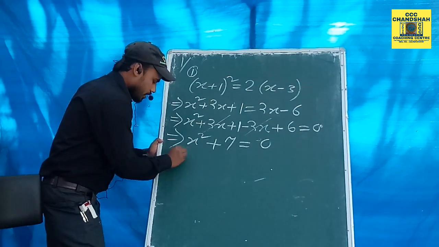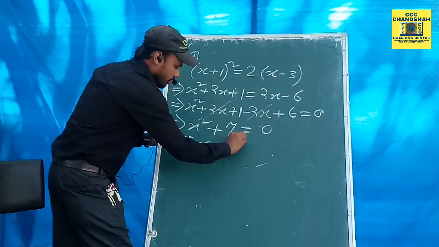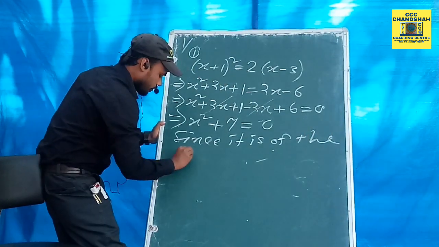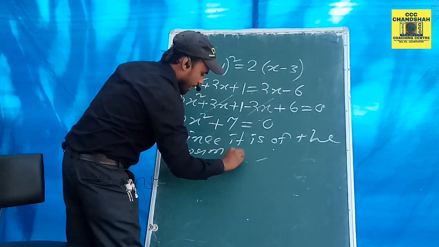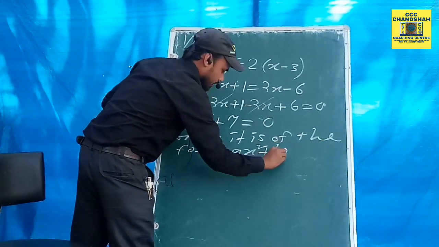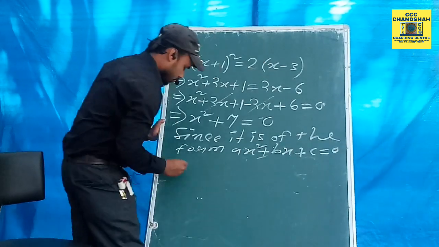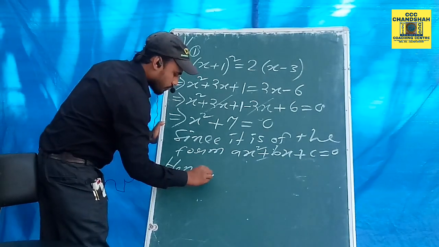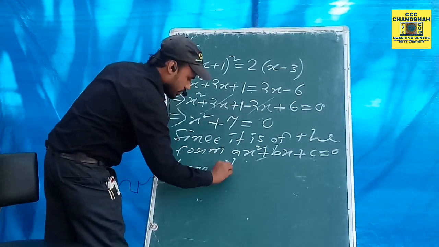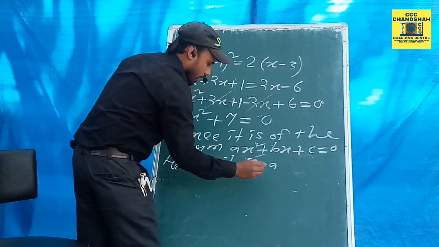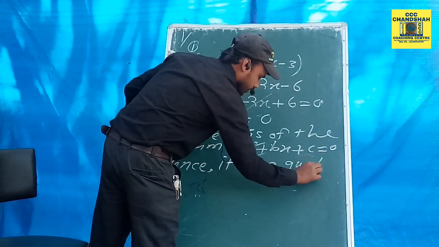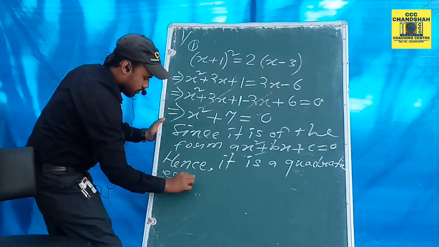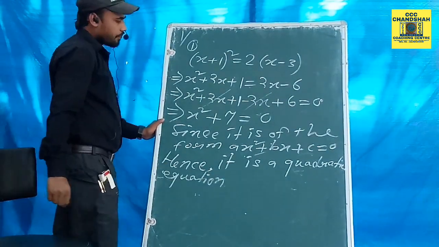Okay, now you can write, since it is of the form ax square plus bx plus c is equal to 0, hence, therefore, it is a quadratic equation. Okay, note it down please.